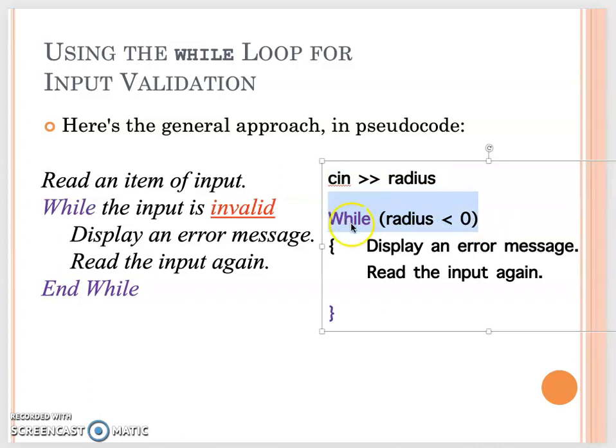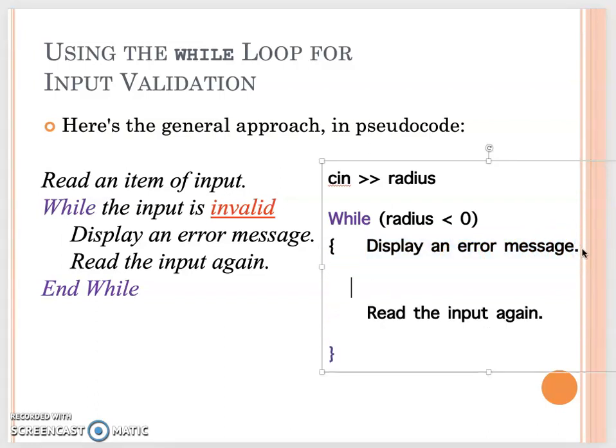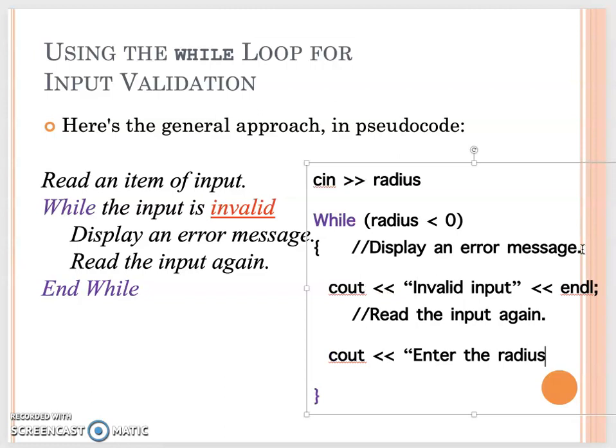If it is invalid input, we come into the block and display the error message, cout, it is invalid input. Then we can prompt for the input again, so please enter the radius. Then we can do the cin again.